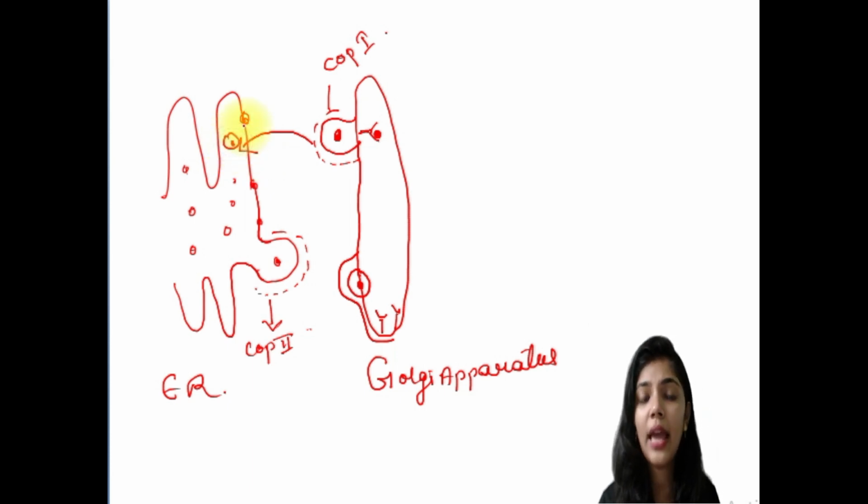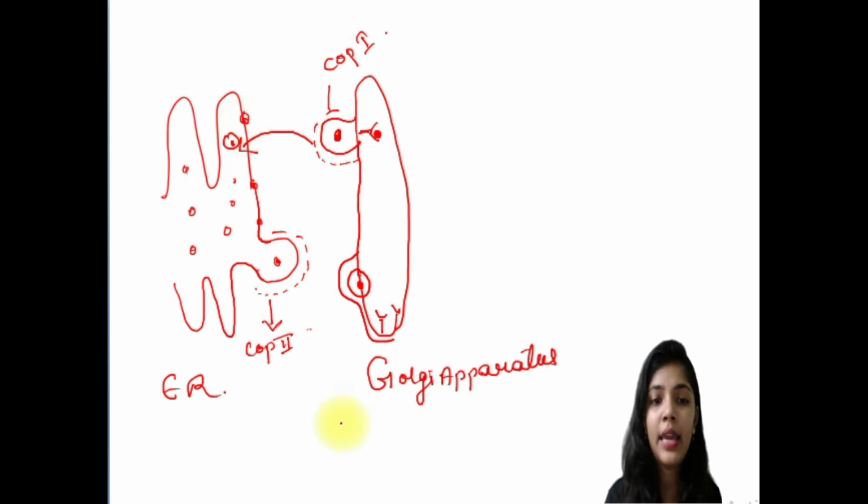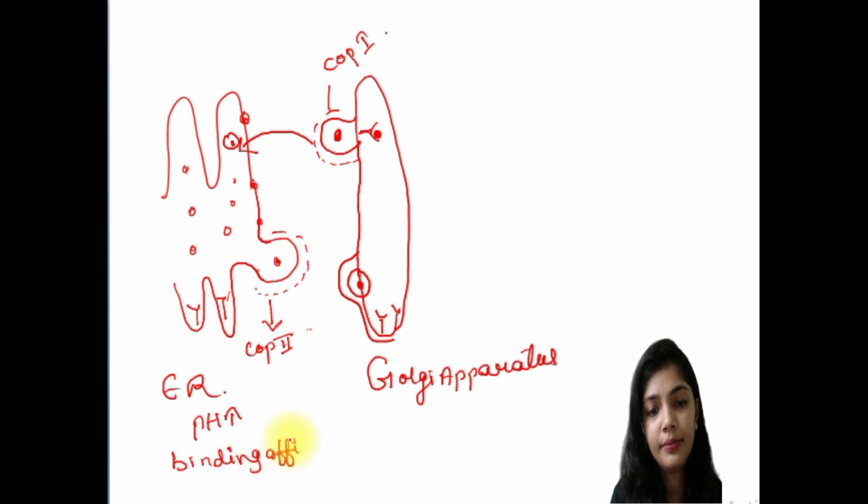So, now there is another concept. Will the ER have a receptor or not? Yes, the ER will also have a receptor, which is responsible for the binding of the KDEL sequence proteins, which are the proteins of the endoplasmic reticulum. Still, sometimes it cannot bind because the endoplasmic reticulum has a high pH. When the pH is high, its binding affinity will be low.